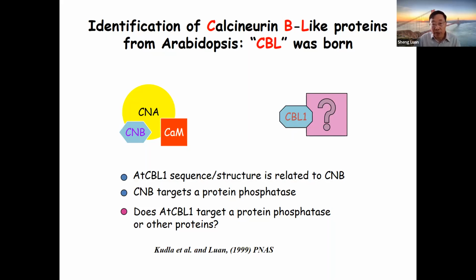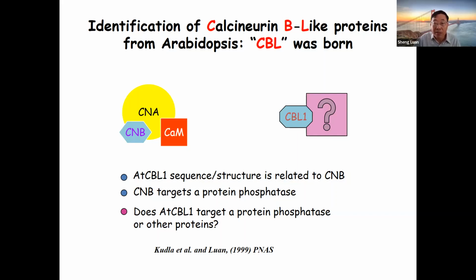But another very important factor that would decide whether this CBL is a true homolog of calcineurin B or not is really the target, right? So CNB regulates CNA, which is a protein phosphatase. If we identify a target as a protein phosphatase from plant, then you can say, oh, I found a homolog, right?